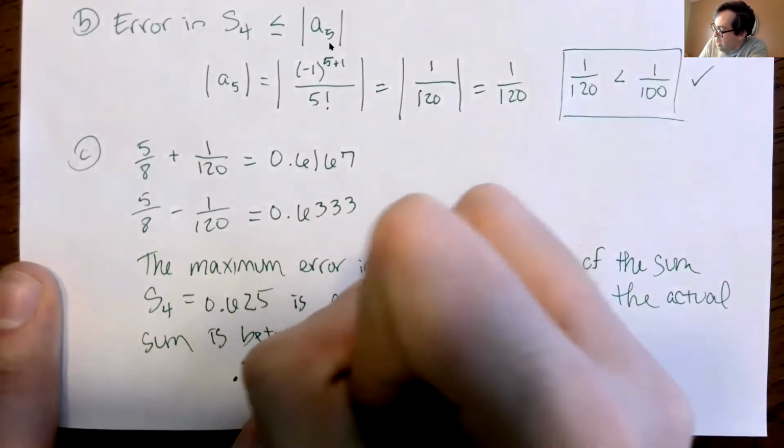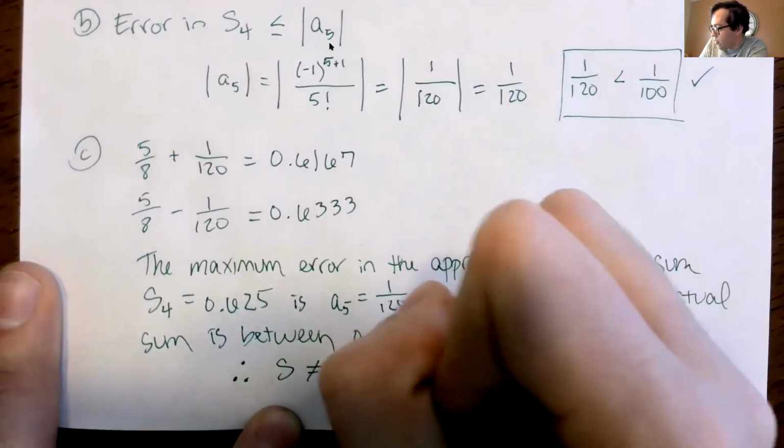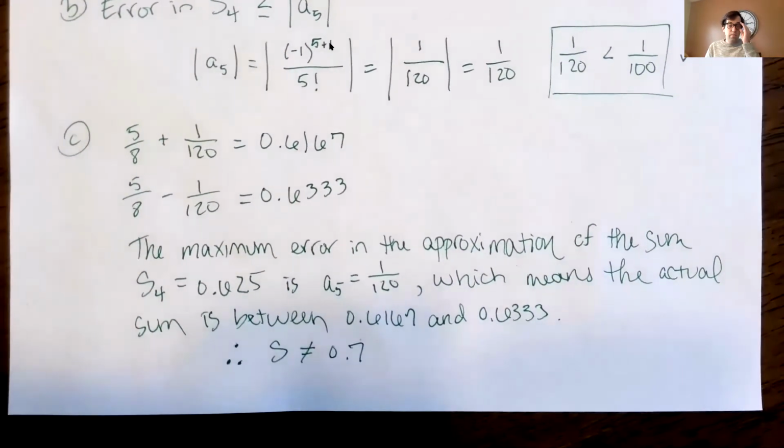Therefore, S cannot equal 0.7. All right, so that's a valid answer.